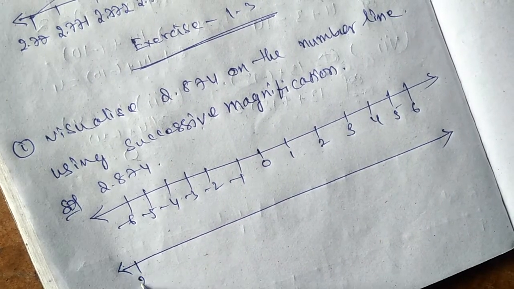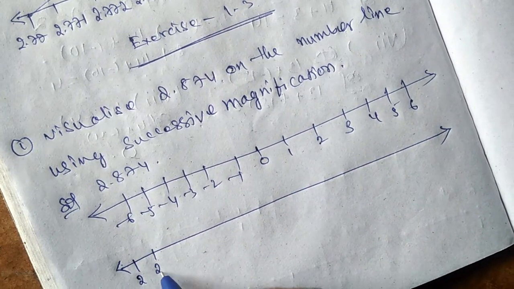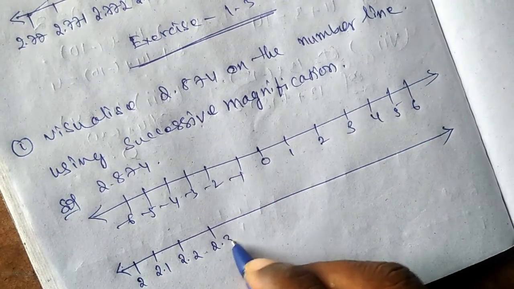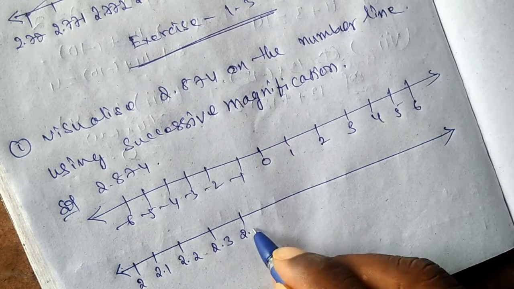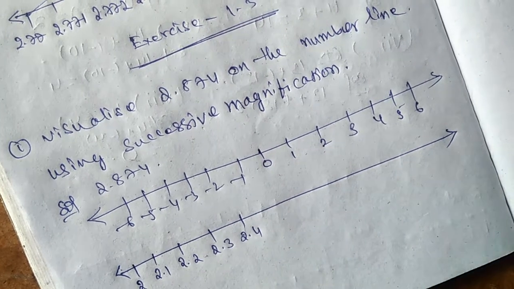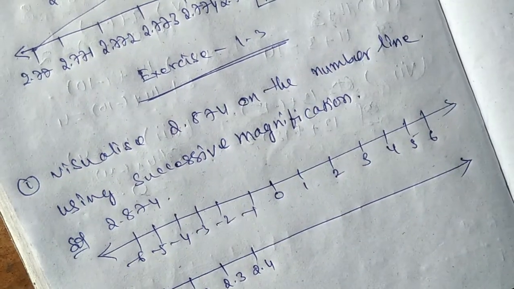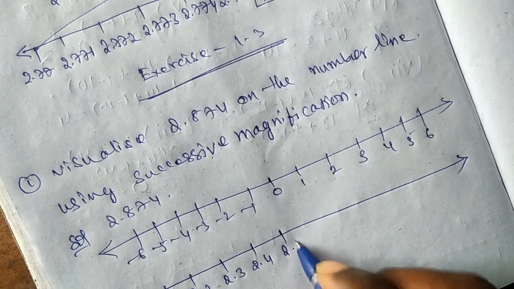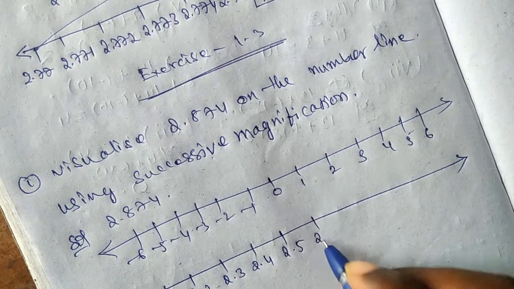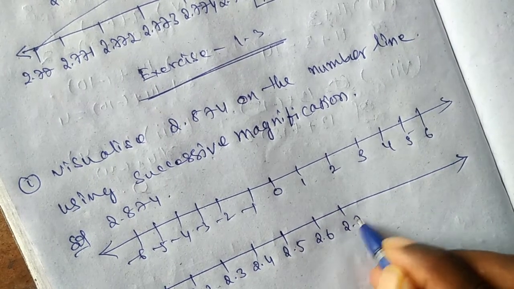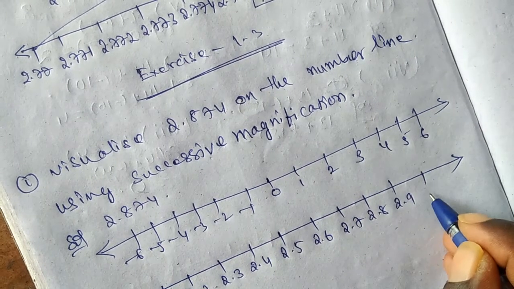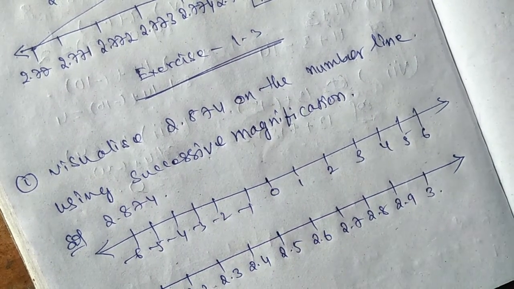It is 2, then 2.1, 2.2, 2.3, 2.4. I am going to divide this portion into 10 equal parts: 2.5, 2.6, 2.7, 2.8, 2.9, then 3.